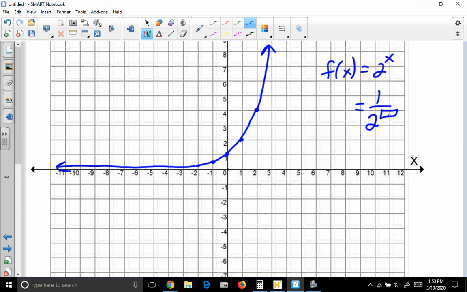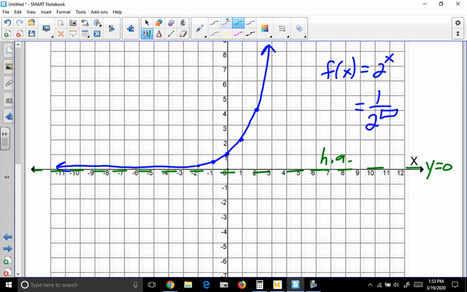Well, 2 to any power is a positive. 1 divided by a positive is positive. This is just getting closer and closer to 0. So y equals 0 is a horizontal asymptote for this graph. We're getting closer and closer to the x-axis.